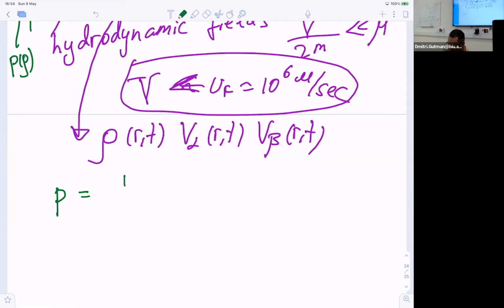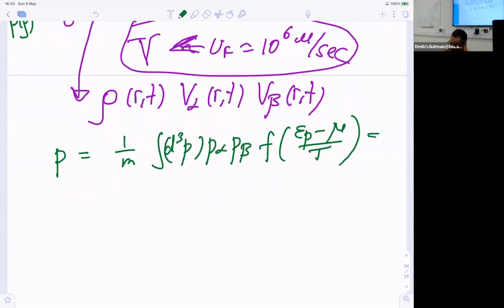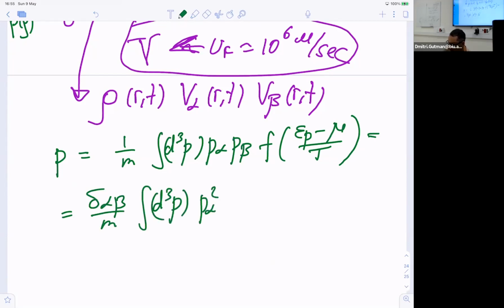It's 1 over m integral d3p p alpha p beta f of epsilon p minus nu divided by temperature. Now, I'm saying that this is delta alpha beta over m integral d3p p alpha square f of epsilon p minus nu divided by temperature.